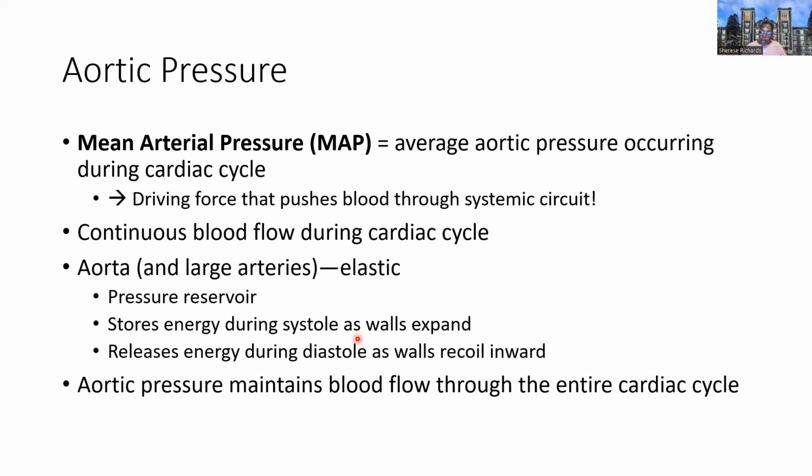We can now recoil the aorta and release that pressure to keep flow through the aorta and out to the peripheral tissues constant through all periods of the cardiac cycle. So the stretchy and elastic nature of the aorta specifically, but also to some extent the pulmonary artery, is what helps to maintain blood flow consistently throughout all periods of the cardiac cycle.